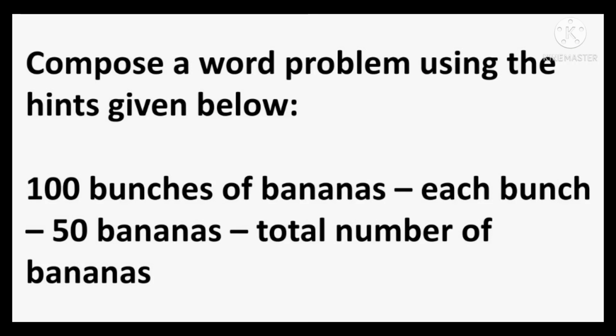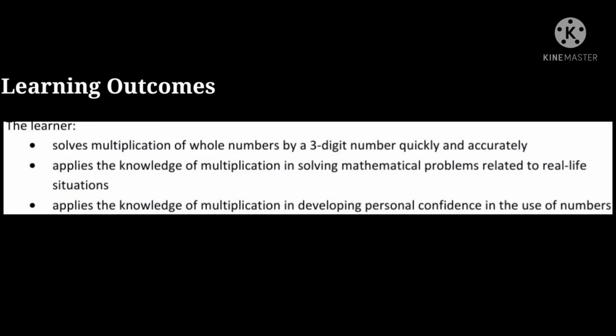So after this lesson plan is executed, what could be the learning outcomes achieved? Number 1, the learner solves multiplication of whole numbers by a 3-digit number quickly and accurately. Number 2, the learner applies the knowledge of multiplication in solving mathematical problems related to real life situations.